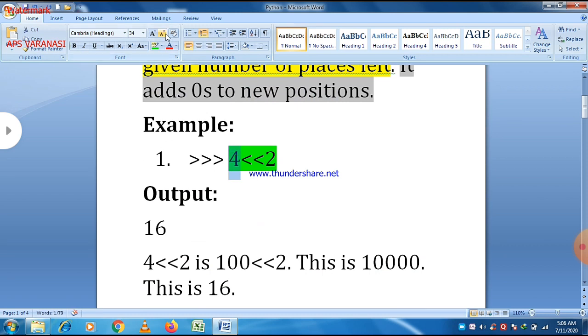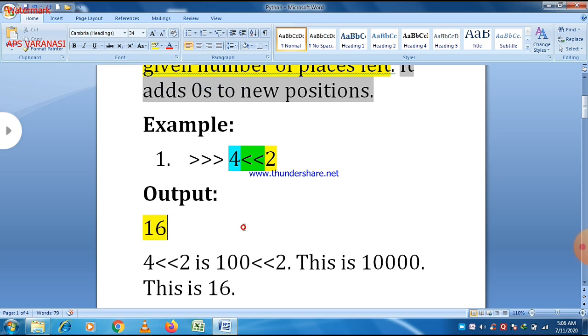After that, 2 bits should be shifted in the left direction, because the bitwise left shift operator works here. So that is 4 left shift 2, that is the question. The answer will be 16 after the execution of the program.